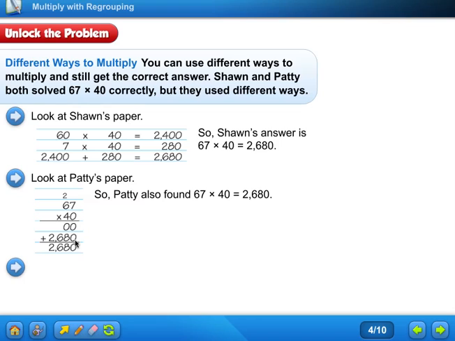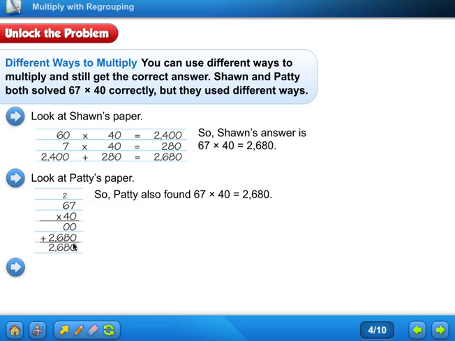Then Luigi's score right here is going to be, he puts that 0 down because he's a cheater. Then you're going to do 4 times 7 is 28. 4 times 6 is 24, plus 2 more is 26.